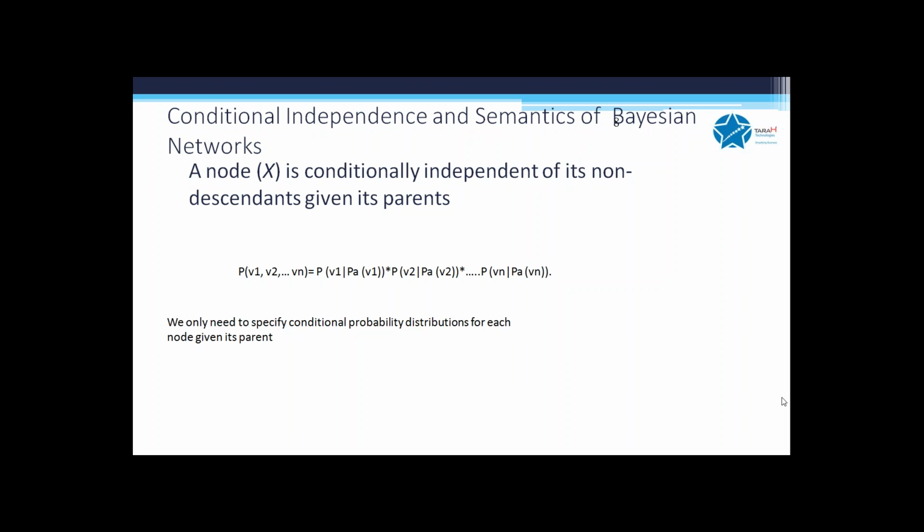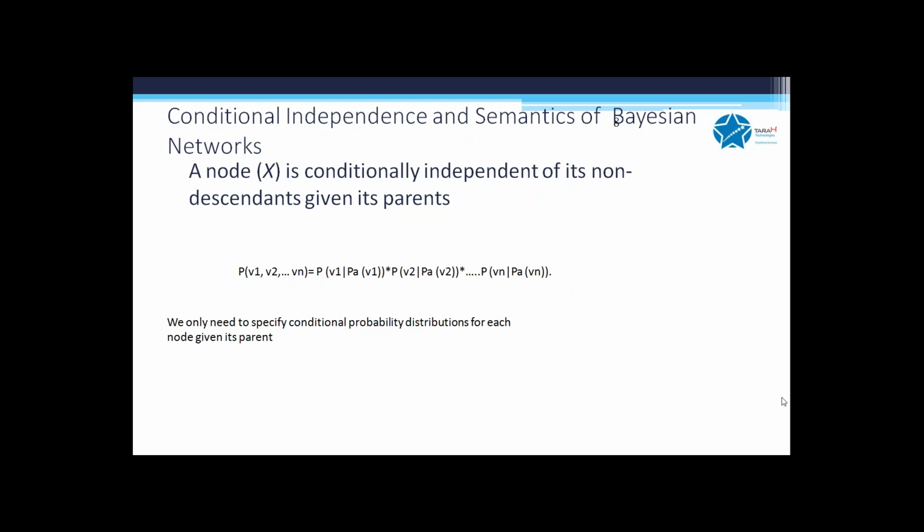We basically have a very simple theorem here which says that a node is conditionally independent of its non-descendants given its parents. It means if you have a node somewhere in the third level of a tree, you only have to worry about its conditional probability with respect to its parent.